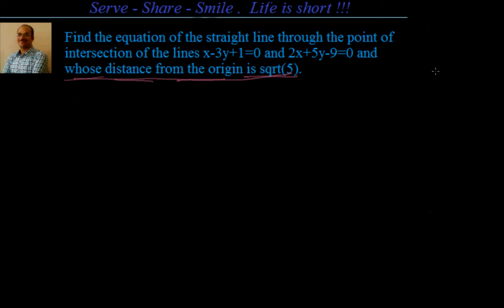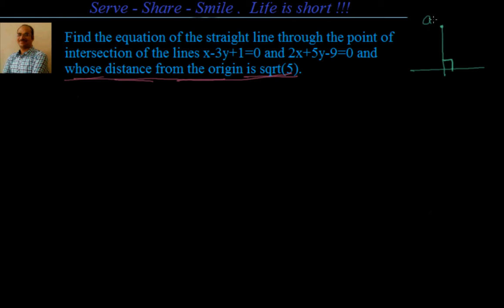What that tells me is that if there is a straight line, let us take this straight line, and there is a point, whenever we say the distance between the line and the point, it is always the perpendicular distance. We are completely aware of that. So this is the point, nothing but the point of intersection of two lines, and the equation of the straight line passing through this point.